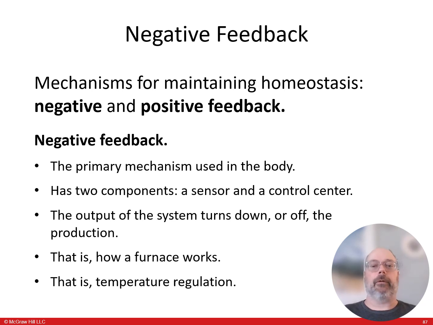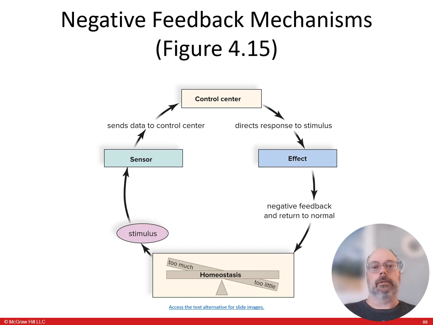And basically you can turn things up or down or on or off. So the example the text gives is how a furnace works, all right? If it gets too cold, it turns on until it reaches a defined temperature. Here's an example of negative feedback.